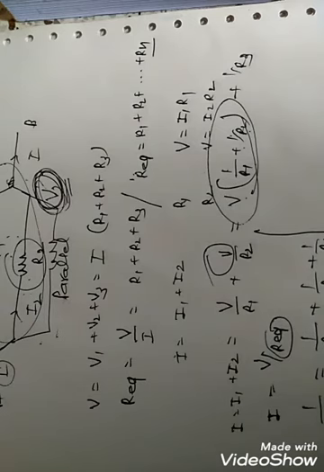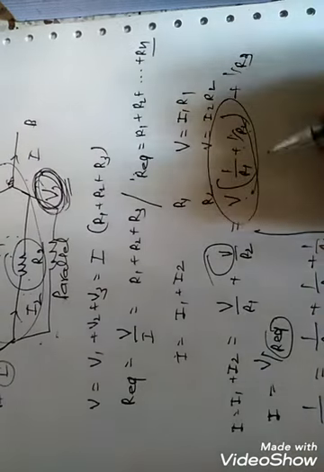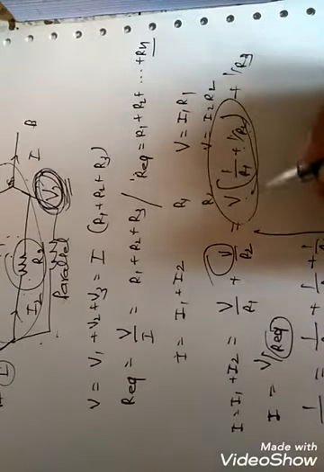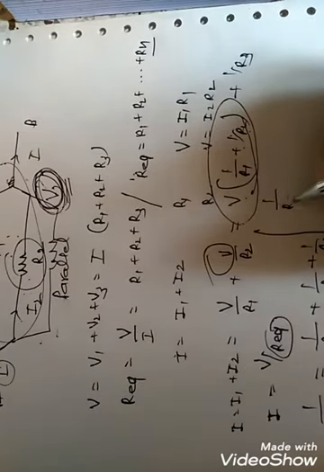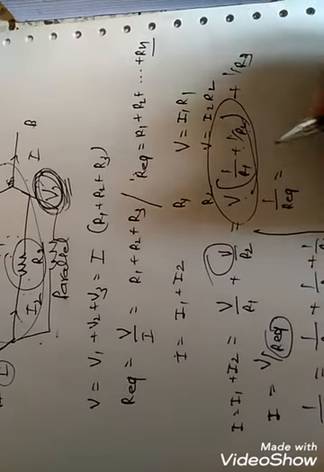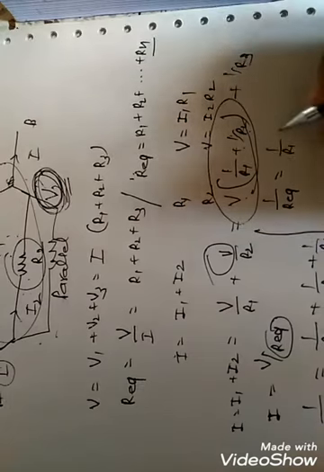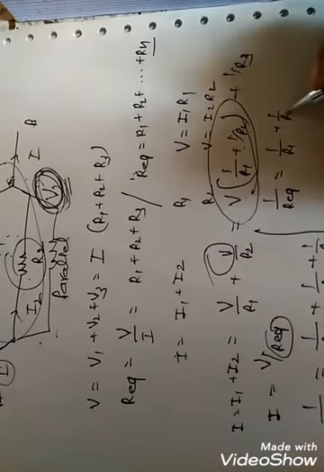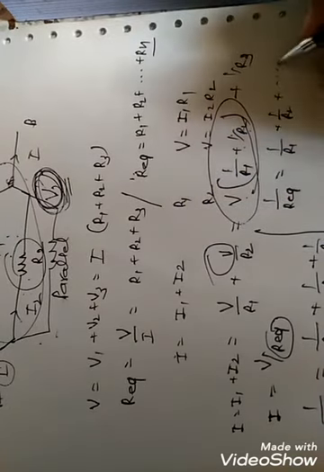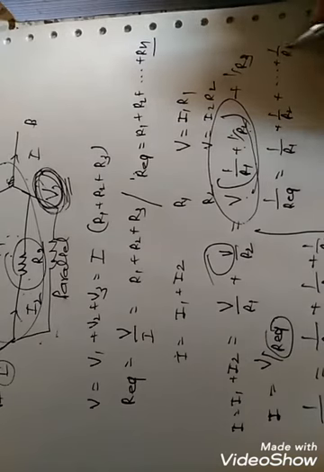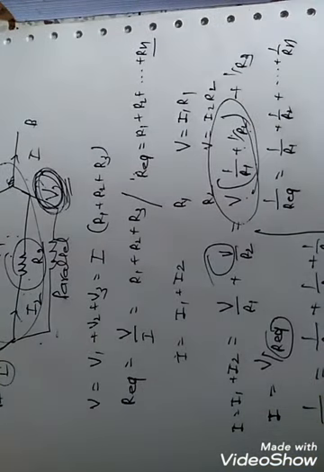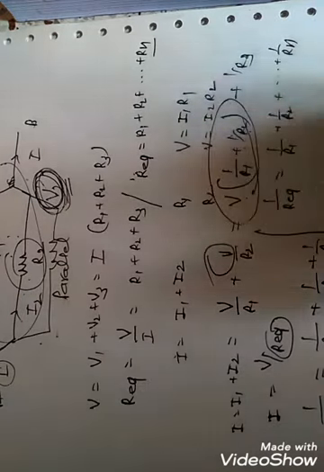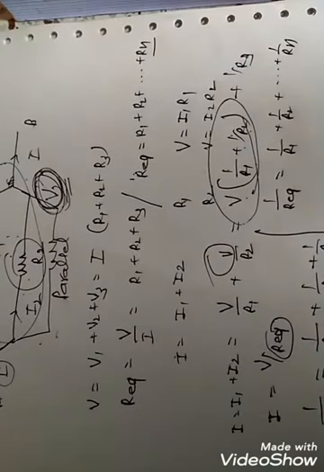Suppose the equivalent resistance of n resistors is: 1 upon R equivalent is equal to 1 upon R1 plus 1 upon R2 plus up to 1 upon Rn. This is the parallel connection of n number of resistors.